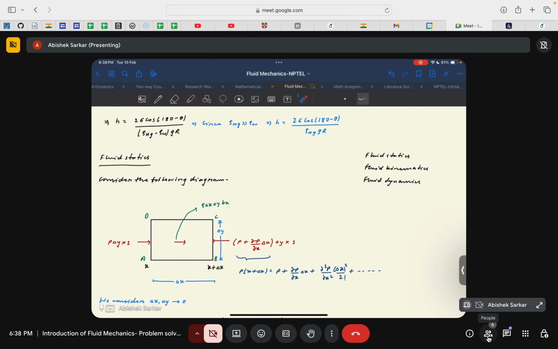We'll formally discuss rigid body motion as well, and it also comes under the paradigm of fluid statics. We'll see why: because there will be no relative motion between the layers of fluid, no shear forces will arise. If there are no shear forces, we can categorize those kinds of motions under the rigid body motion category.